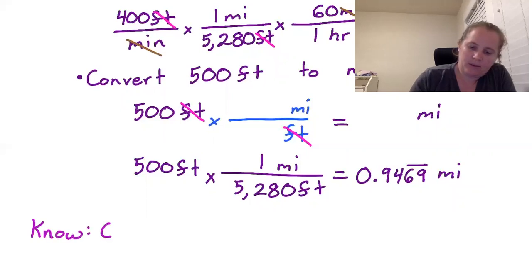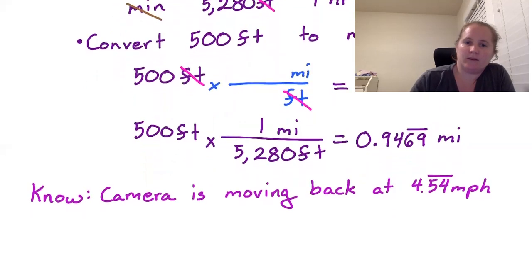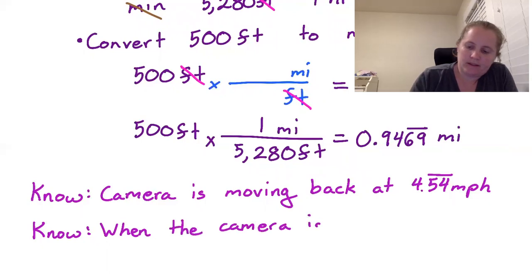is now the camera is moving back at 4.54 repeating miles per hour. We also know that when the camera is 0.